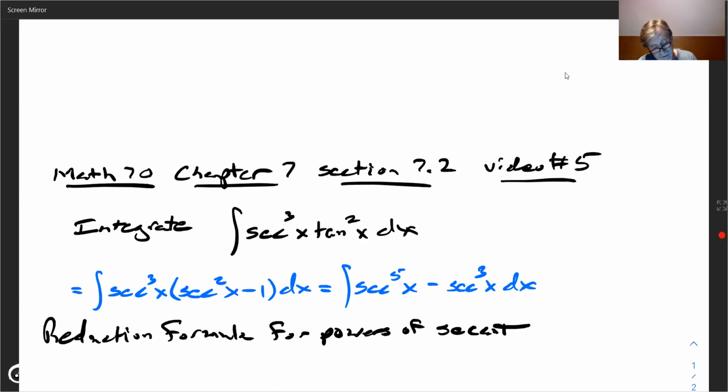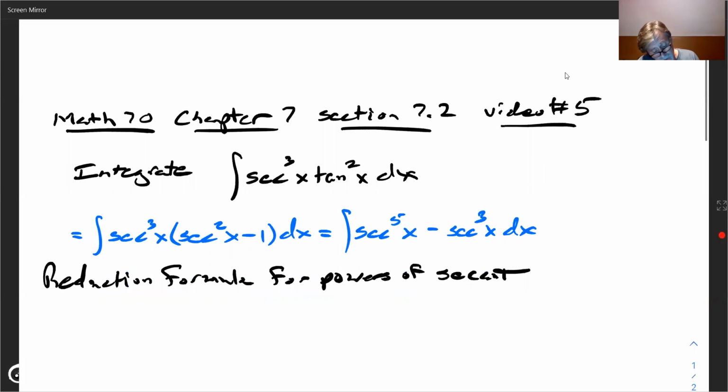So let's start off with the integral of secant to the n power. n is not 2, the integral of secant squared is easy. This is like n is 3, 4, 5, 6, 7, 8, 9, 10, and we're looking at n equal to 5 and also n equal to 3. And we're going to devise a formula for it. You ready? Here we go. This is how it's done.